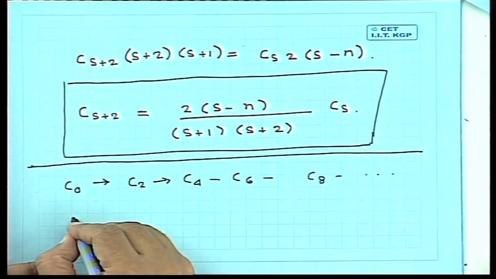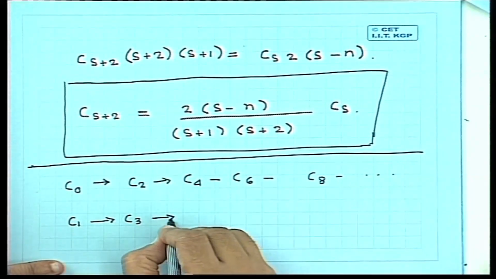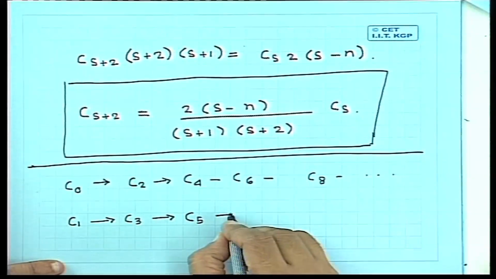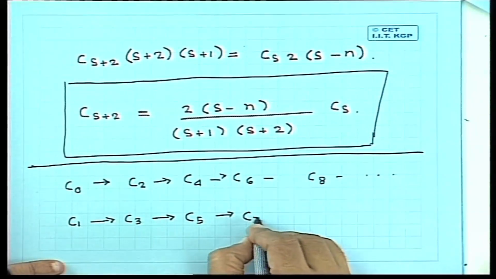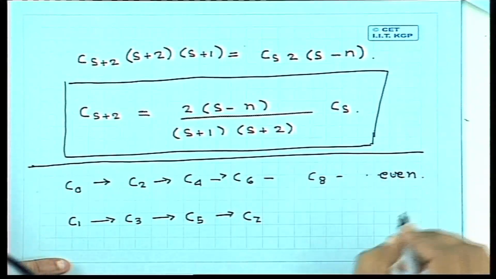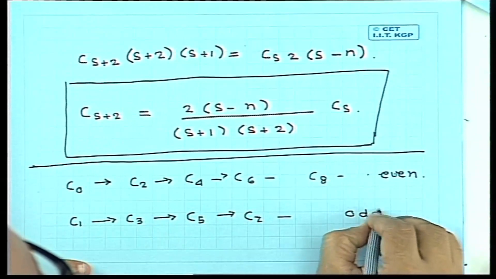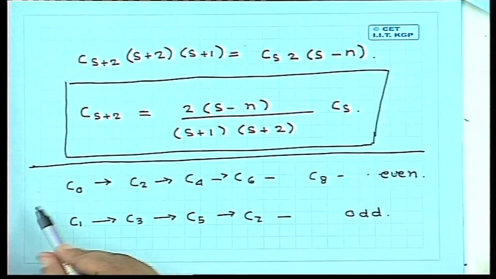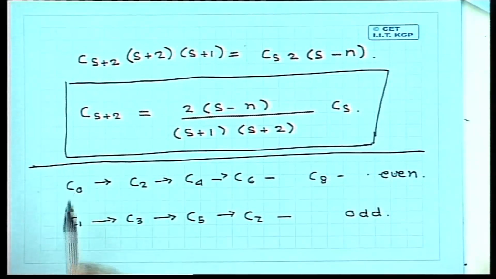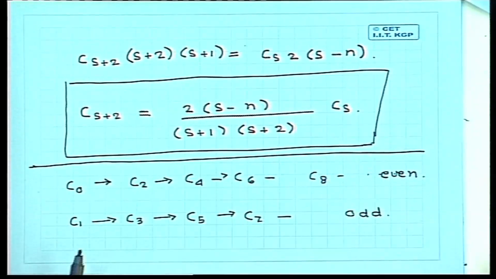Now suppose we start with C1, then this is going to fix C3, which is going to fix C5, which is going to fix C7, and we will have all the odd powers. So the coefficients of all the even powers are determined by C0, and for the odd powers, once I fix C1, all the coefficients are determined.